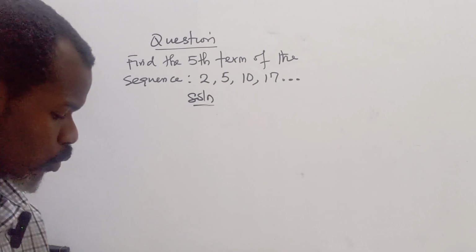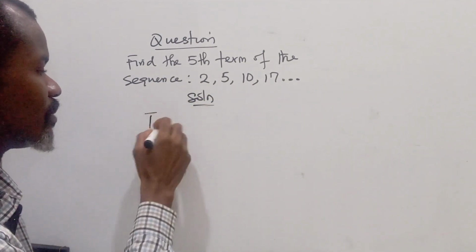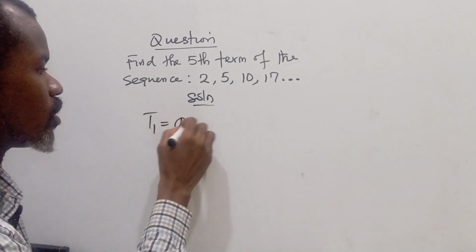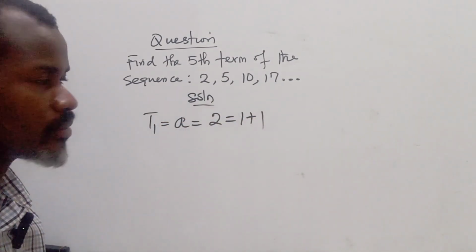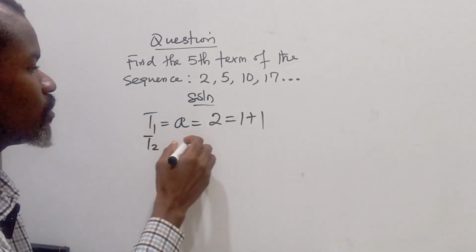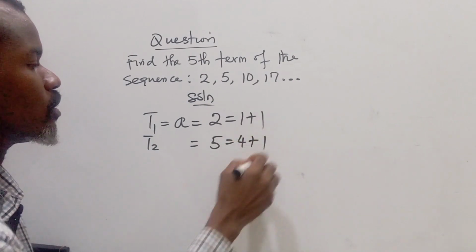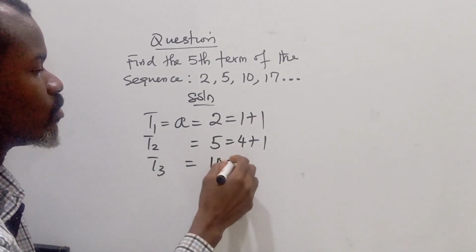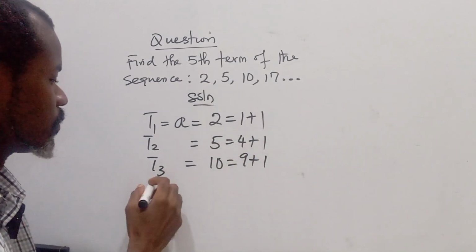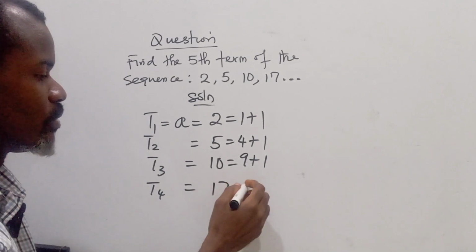One thing I've observed is the first term T1, most times we call it A, is 2, which means 1 plus 1. The second term is 5, which means 4 plus 1. The third term is 10, which means 9 plus 1. And the fourth term is 17, which means 16 plus 1.